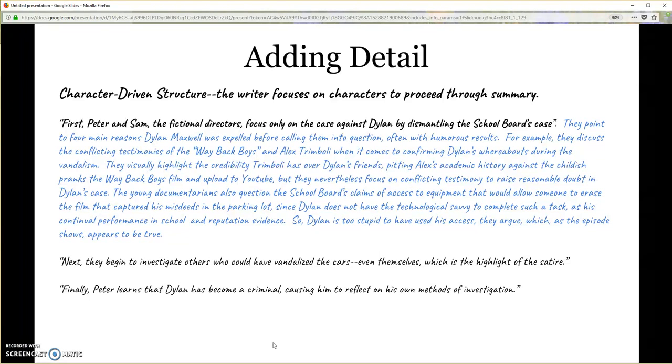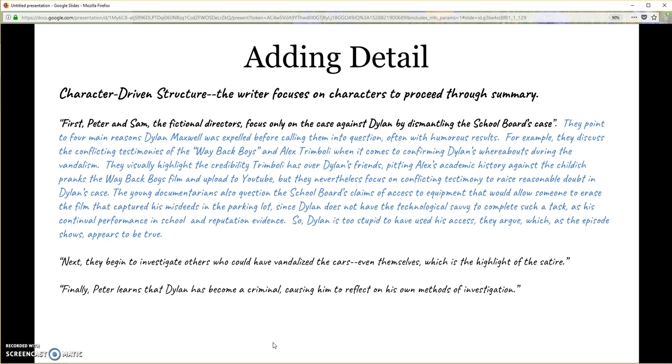So, adding detail. Notice how I've taken that character-driven structure in which the writer focuses on characters to proceed through the summary. So that's a choice that I've made as a writer, that I could group together episodes, or I could group together concepts, in this case characters. And I'm going chronologically, obviously, because I want my readers to understand the movement of the 8 episodes.